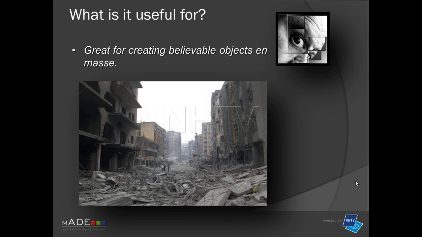Something which is very important and that I've been talking about before is that creating a procedural system is very useful if you want to create believable objects en masse, like we can see over here on this image, or if you want to create a system in which you can allow a user other than yourself to have control over the end result using a very high level interface.